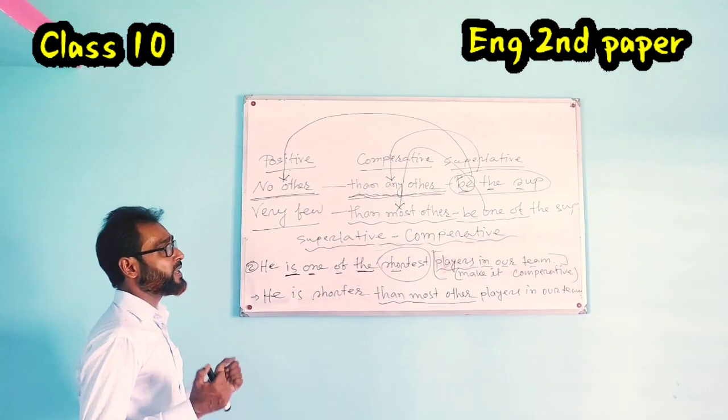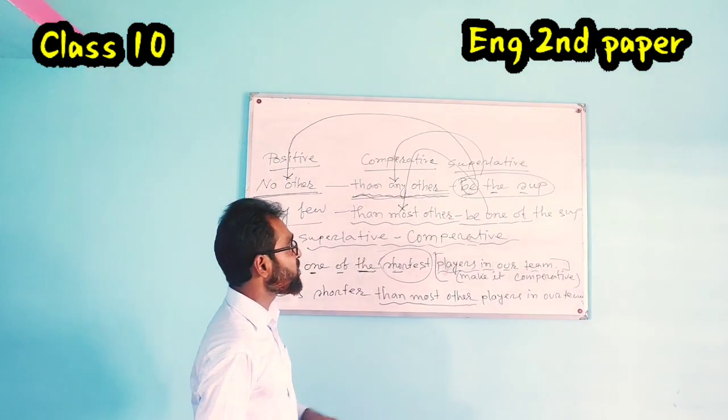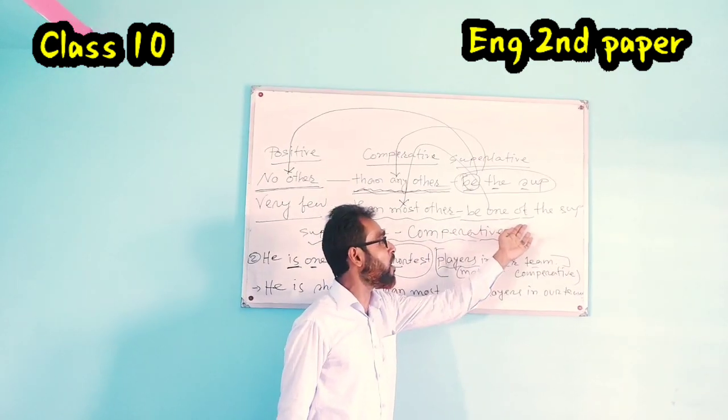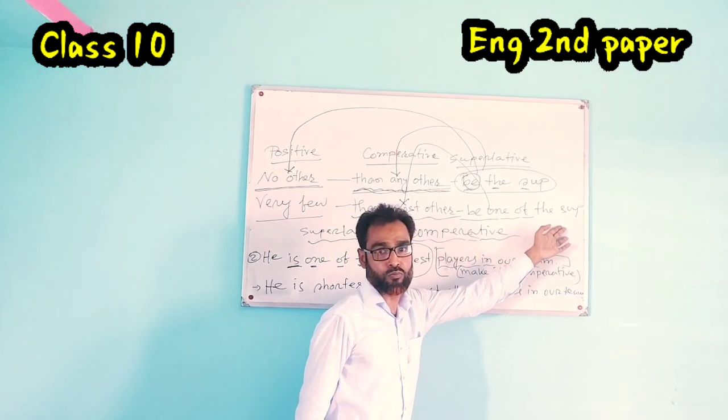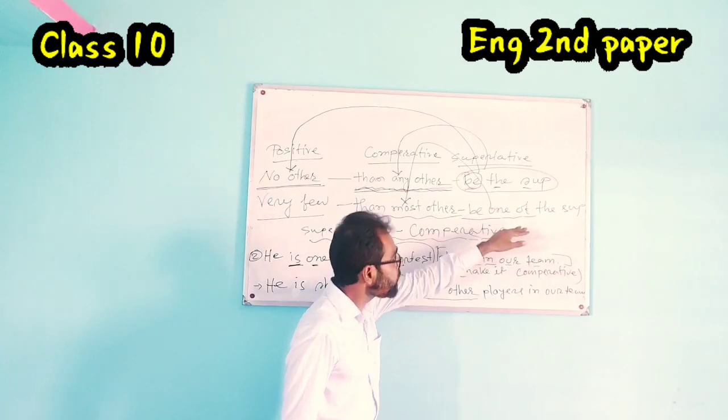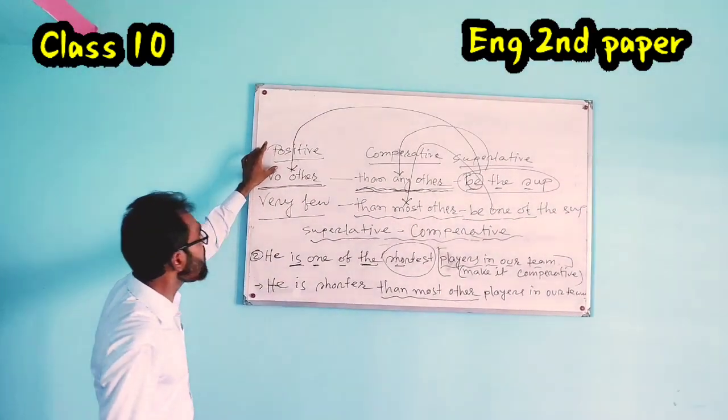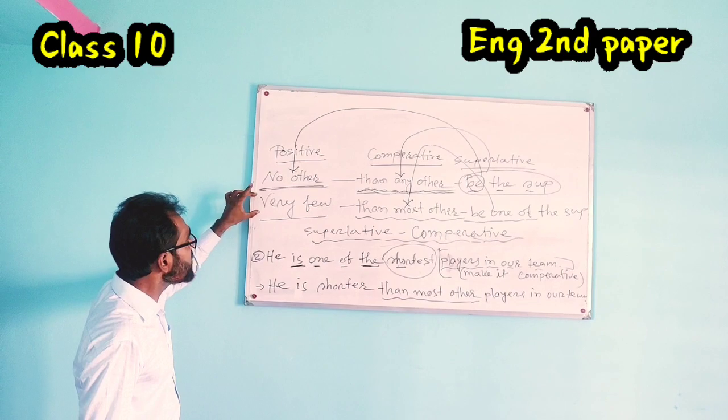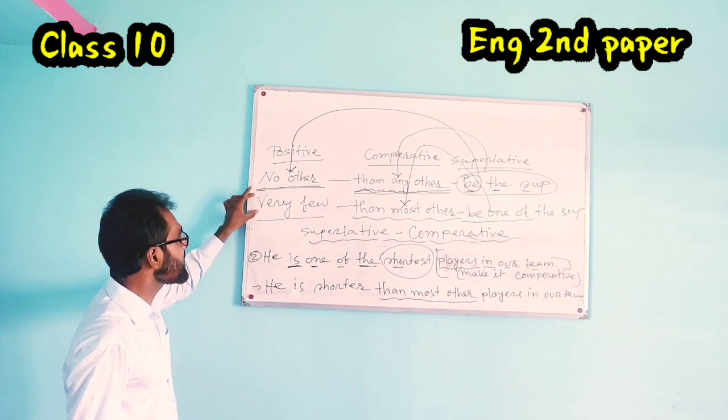But whenever you get a superlative degree with "be one of the", then if we want to transform the sentence into positive, we need "very few".